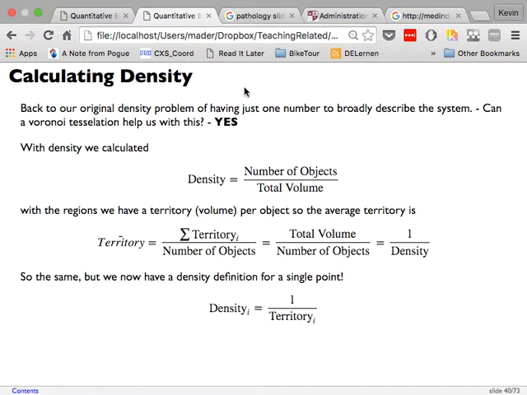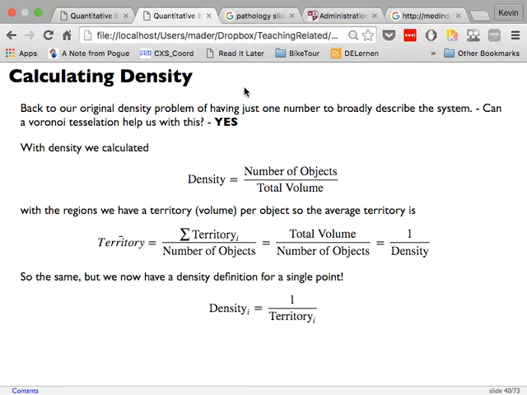And what we can do now is calculate the density for each single point in the system. We do this by looking at the territory or personal space of each object and inverting it. So the density at that point is equal to 1 over that territory.